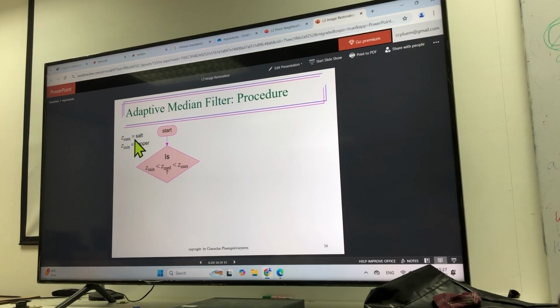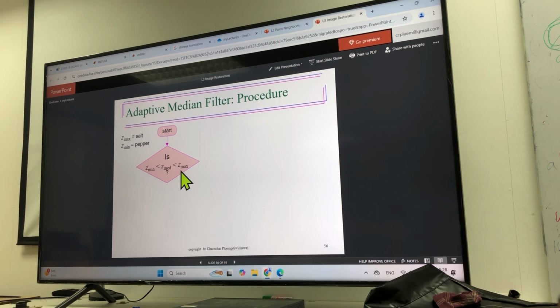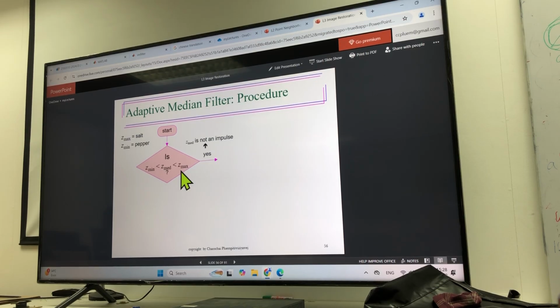Max means salt noise and min means pepper noise. If the median value is not between them, it is either max or min, meaning salt or pepper noise, which means your window is too small. If it's in between, your window is just right.